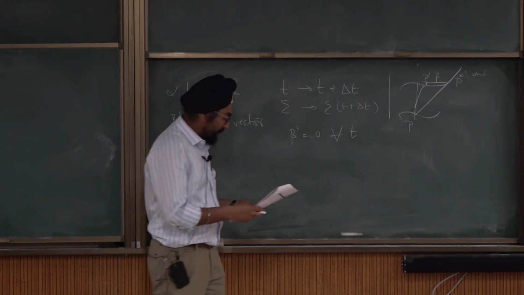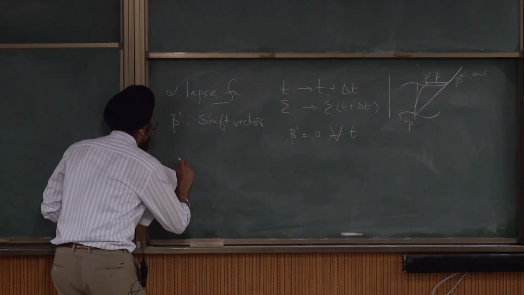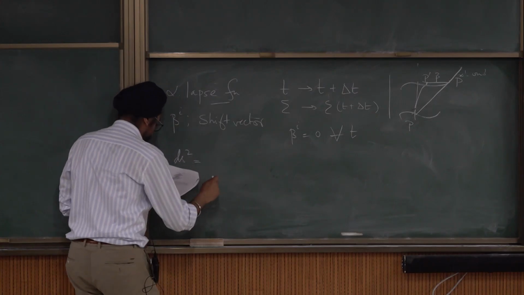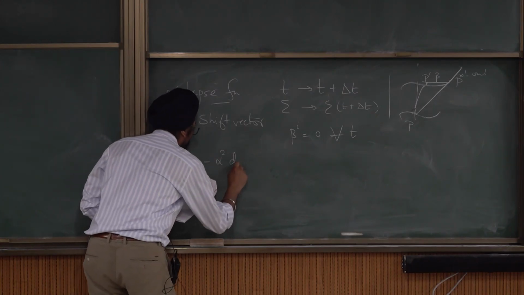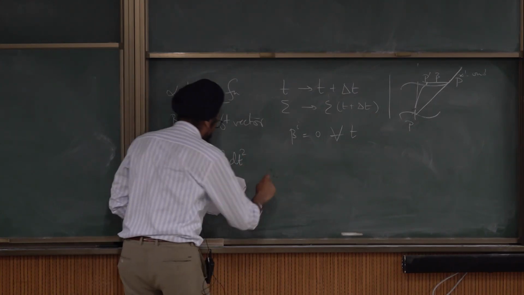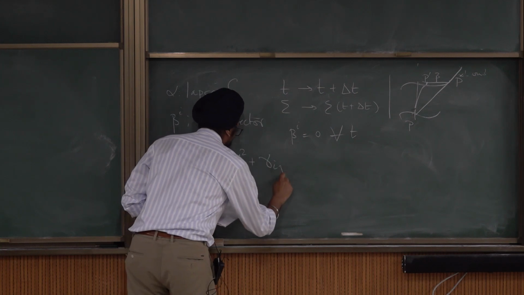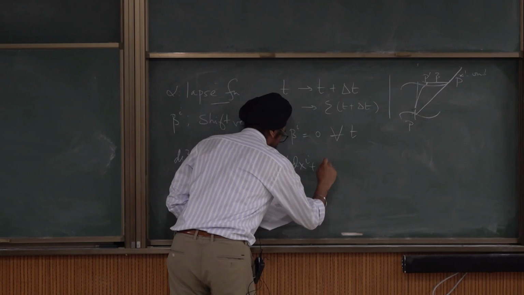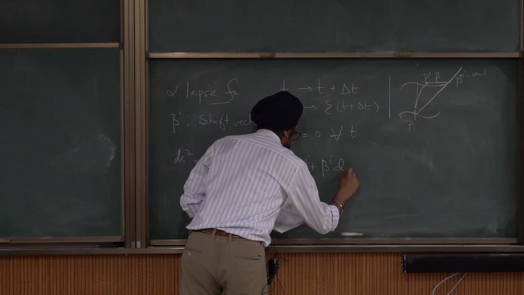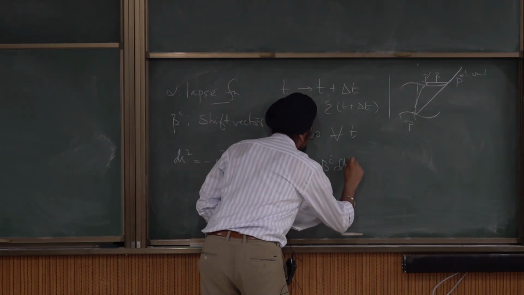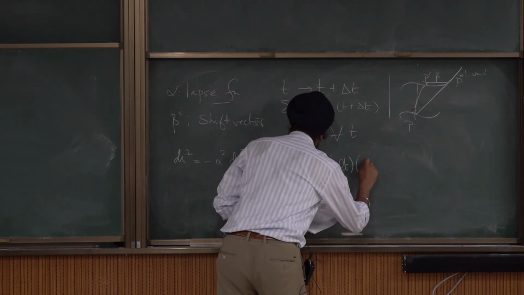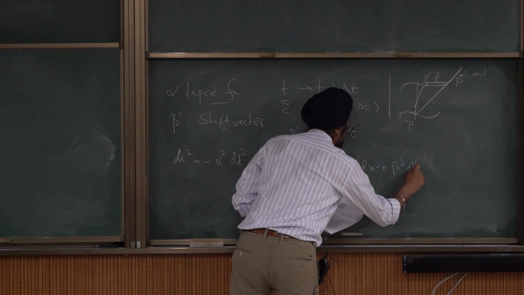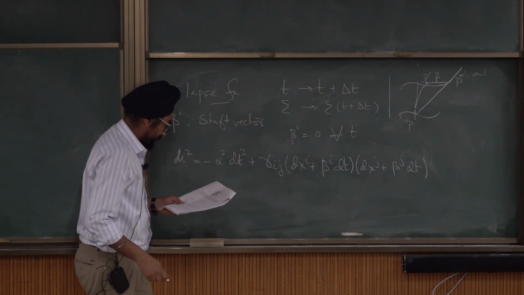So therefore, the general line element is simply ds² = −α² dt² + γ_ij (dx^i + β^i dt)(dx^j + β^j dt).